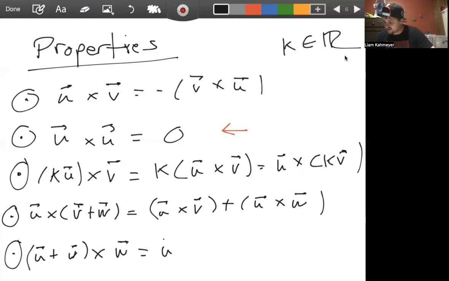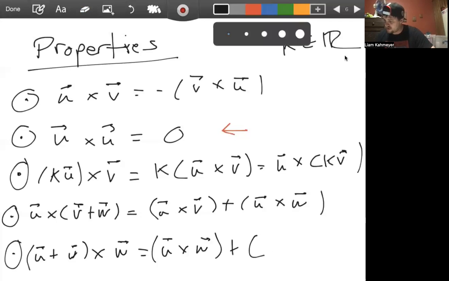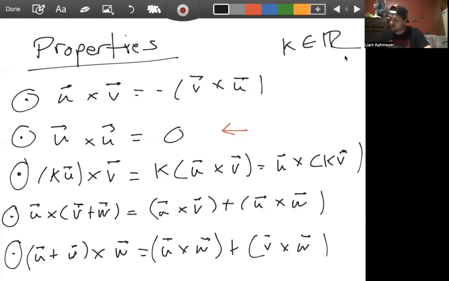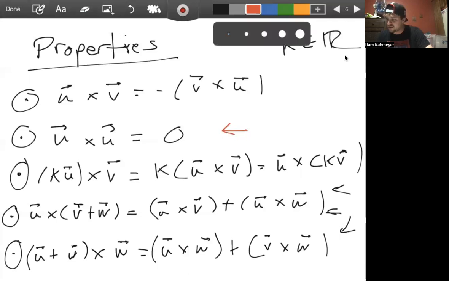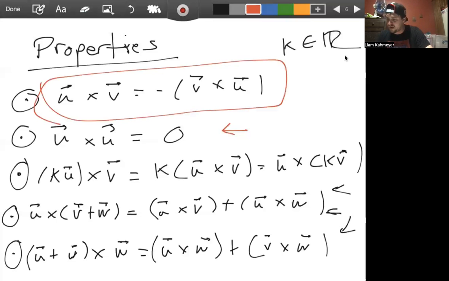Well, this is the same as u cross w plus v cross w here. And it's important that we distinguish these properties. You may say, well, of course, right? If it works in property 4 here, then property 5 should be trivial. But it's not trivial since the cross product is actually anti-commutative, right?